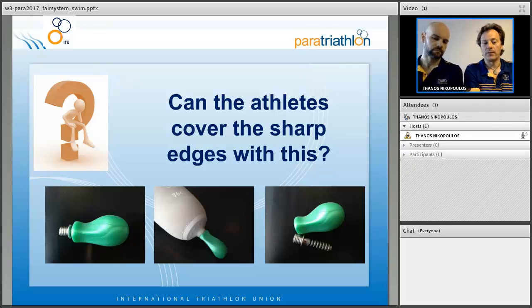So it can be inside their wetsuit, but even if it's inside their wetsuit and there's a piece of wetsuit hanging over that, the pin or any metal part or any sharp piece or part that the TD may consider a potential hazard needs to be covered. And athletes are aware of this, and they need to have their own devices to cover it. A lot of them are using silicone caps, as you see in the slide.